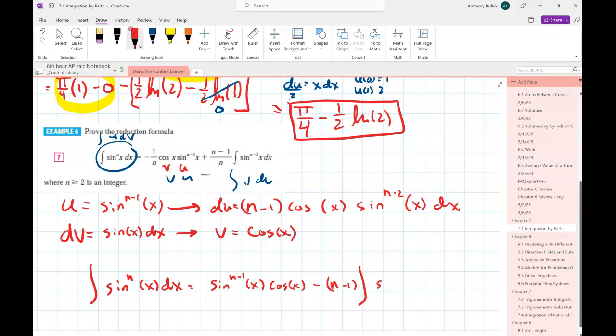I'll write it this way. Hey guys, what's the antiderivative of sine again?